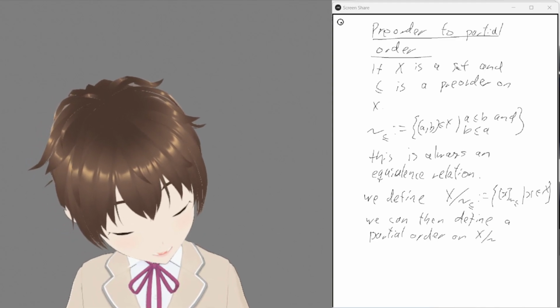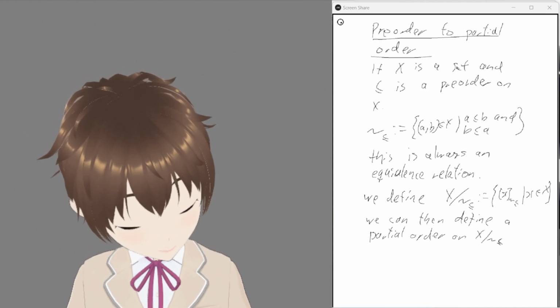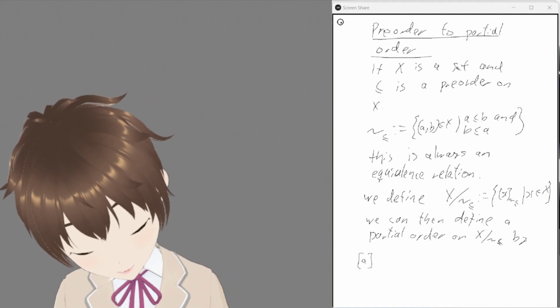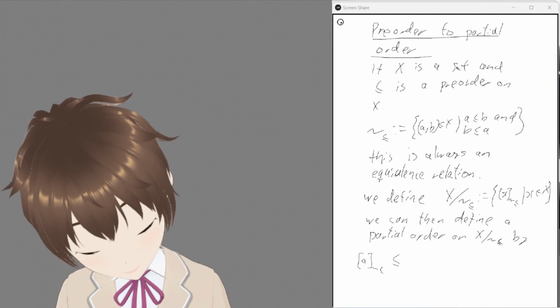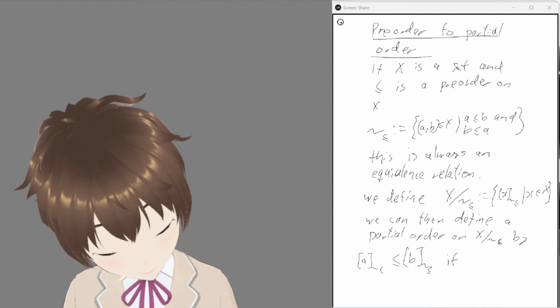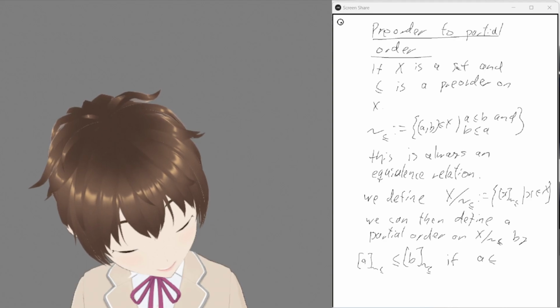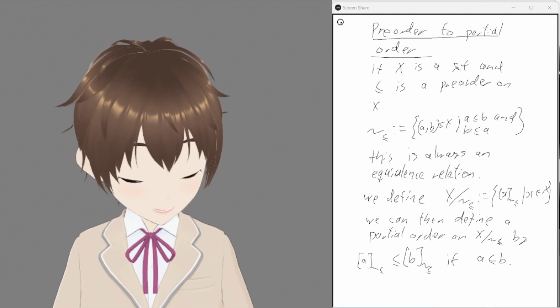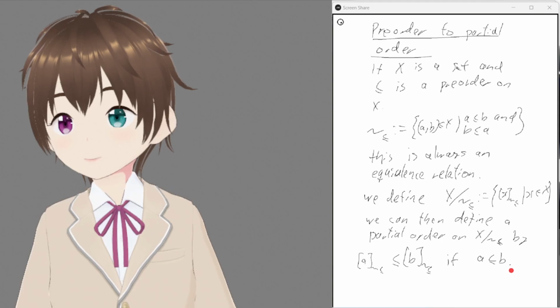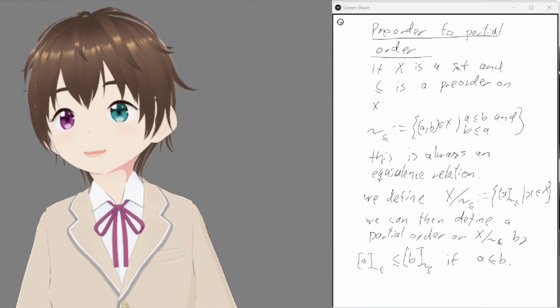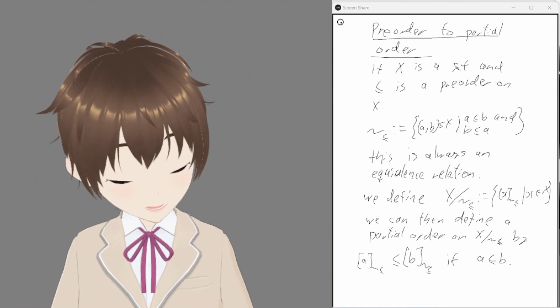So we order the equivalence classes, the parts, by saying that one equivalence class is less than another one if the elements are less than the elements. Because of the way this equivalence relation was defined, it turns out it doesn't matter which element I pick. And it's routine to check that this is a partial order. It's reflexive and transitive because the preorder was, and it's anti-symmetric because if A is less than or equal to B and B is less than or equal to A, then by the definition of the equivalence relation, their equivalence classes are the same.